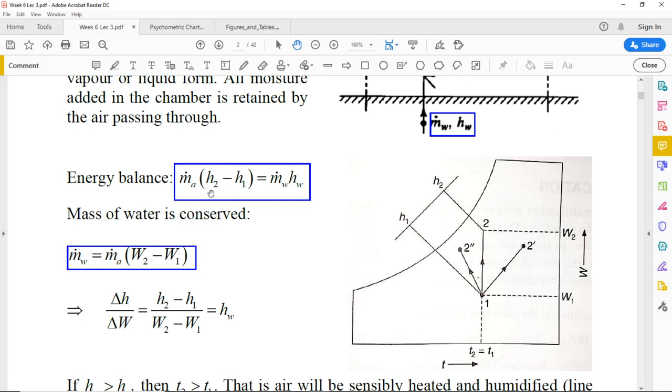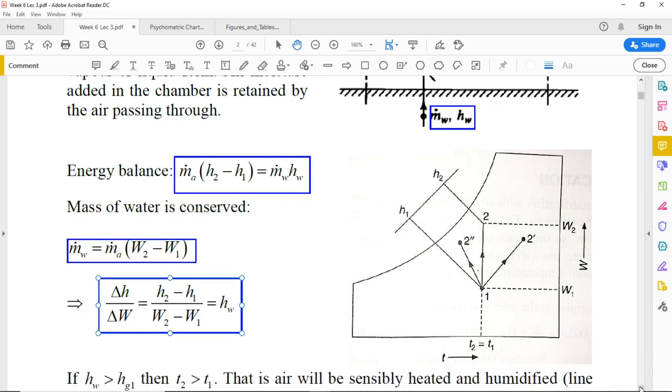On the left hand side you get delta H, and on the right hand side you have m dot W by m dot A times HW, and m dot W by m dot A from the conservation of mass for water is equal to delta W. So delta H is equal to delta W times HW, and taking delta W to the left hand side gives the ratio delta H by delta W, which is equal to HW.